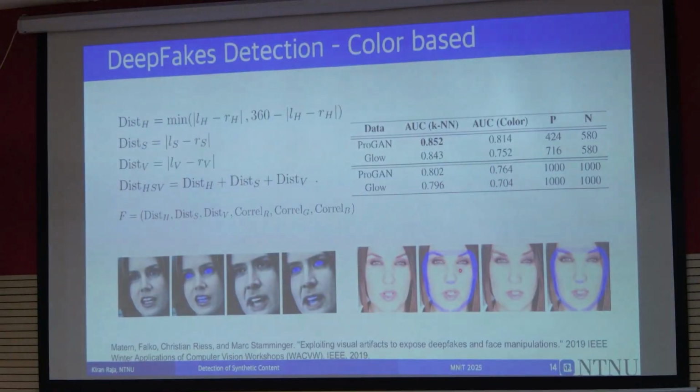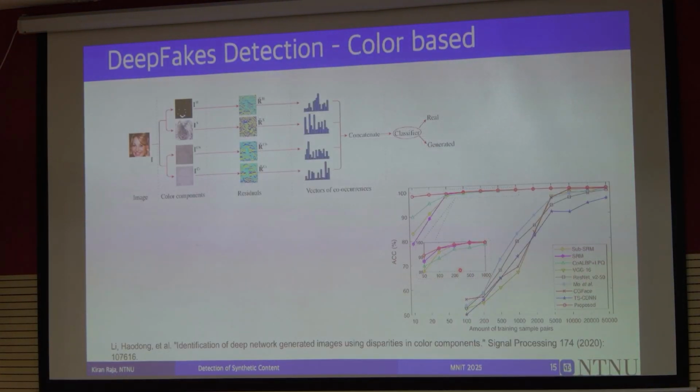And now for those of you who do not like classical machine learning, by looking at this color space and taking the absolute differences, you can go a bit further and start learning your own networks. So in this case, I'm taking the image in the RGB channel, which is on top left here.